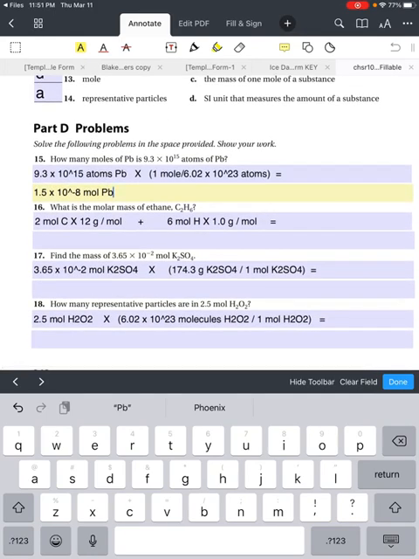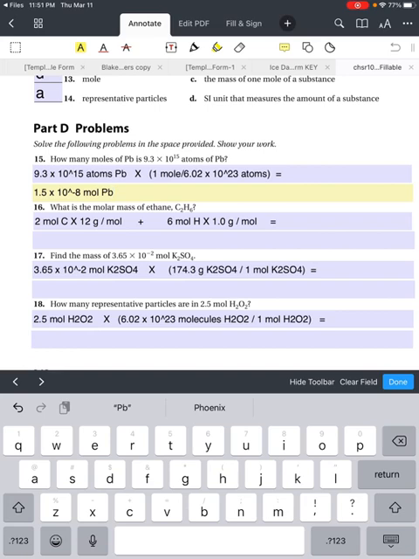But again, I'll point out that it says show your work. Then it says, what is the molar mass of ethane? And when I do this, all I do is add up the atomic masses from the atomic table of all of the atoms. Carbon is 12.